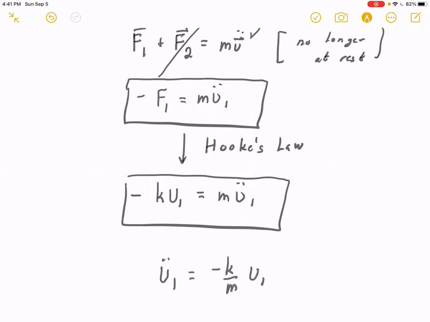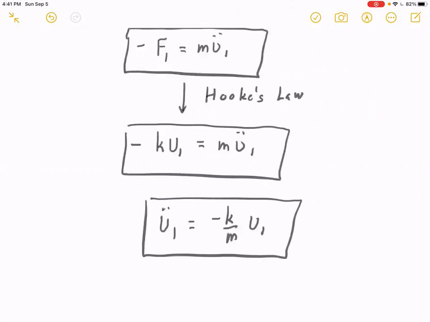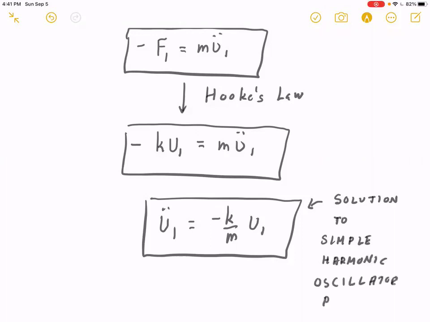It's a second order linear differential equation, but it is the solution. Once you figure out how to solve this, it's the solution to the simple harmonic oscillator problem. Again, assuming no gravity, massless spring, one-dimensional motion.